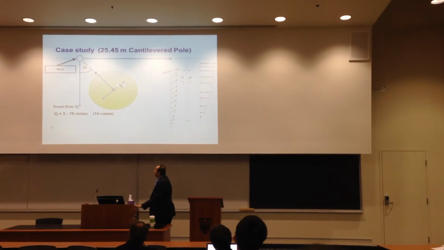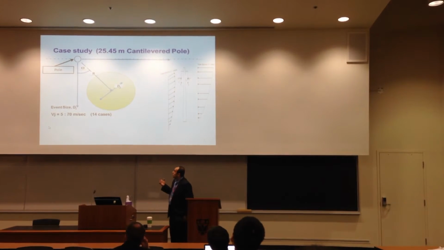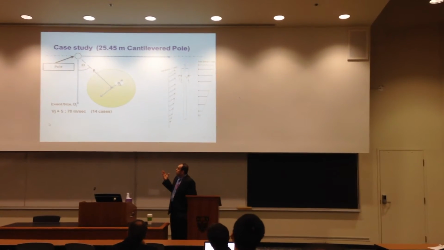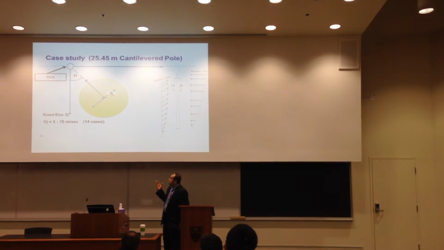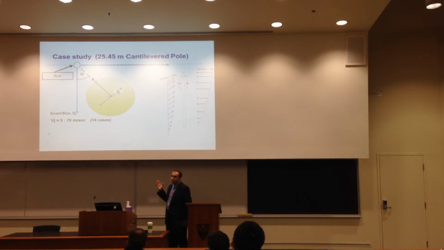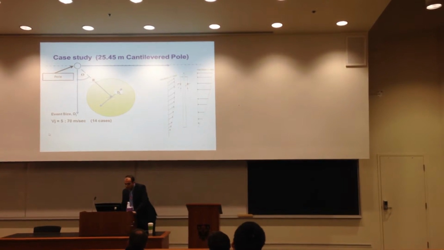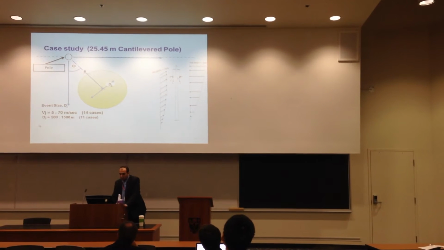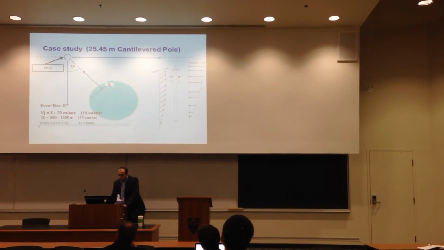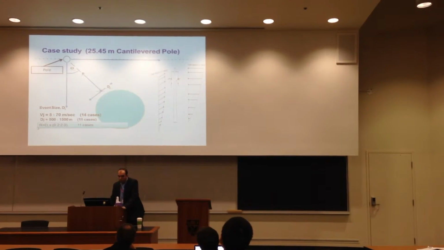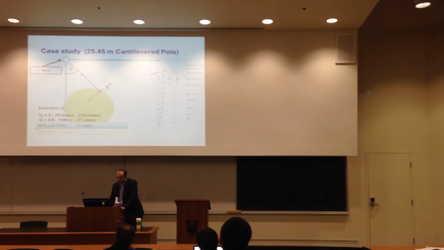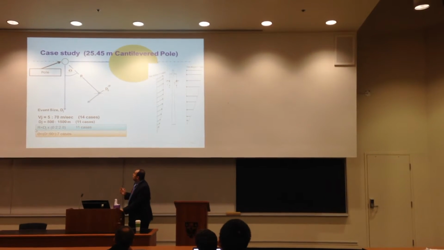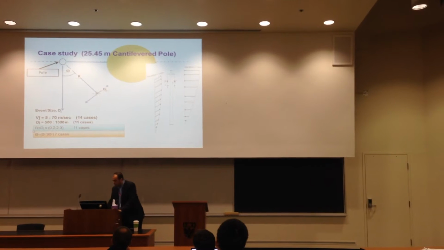As we mentioned before, for the parameters of the downburst, the jet velocity was ranging from 5 to 70 meters per second, so we have 14 cases. The jet diameter was ranging from 500 to 1500 meters, a total of 11 cases. The R/D ratio ranges from 0.2 to 2, and theta ranges from 0 to 90 degrees, so we have 7 cases for theta.